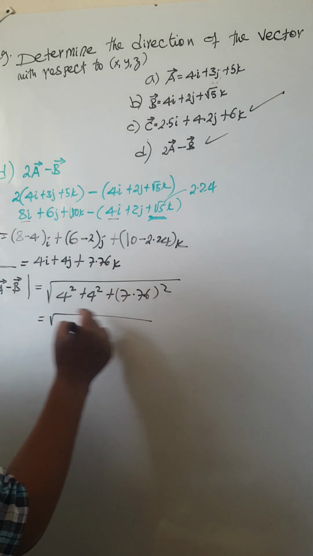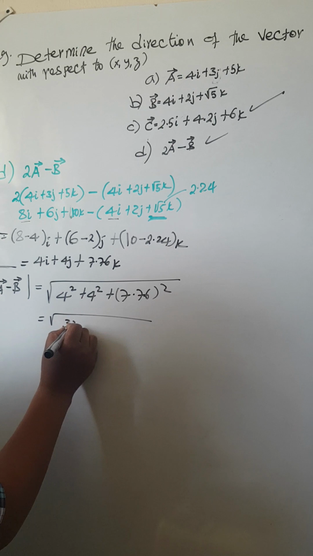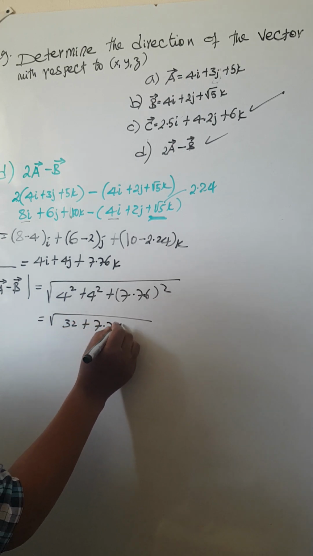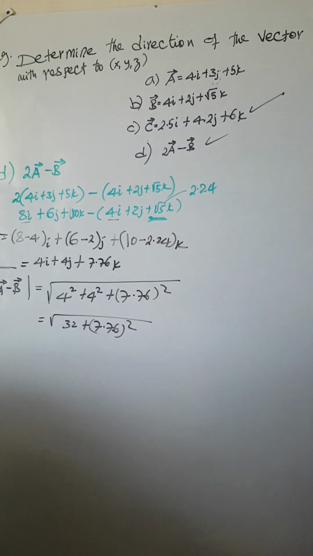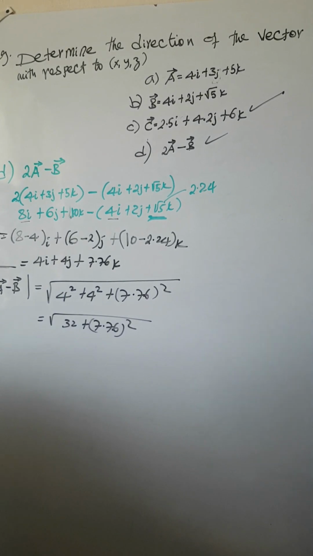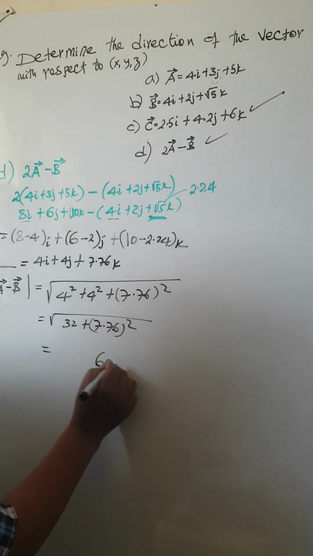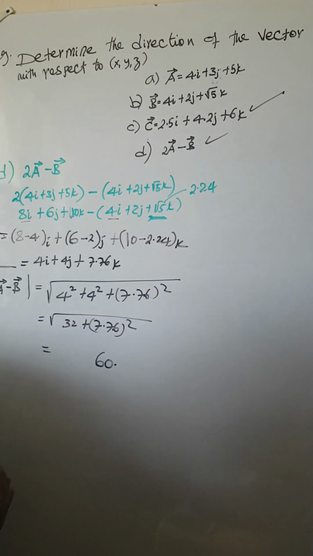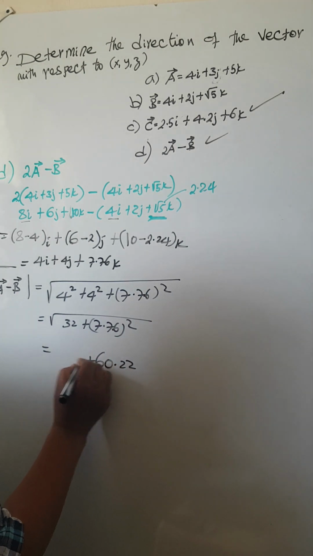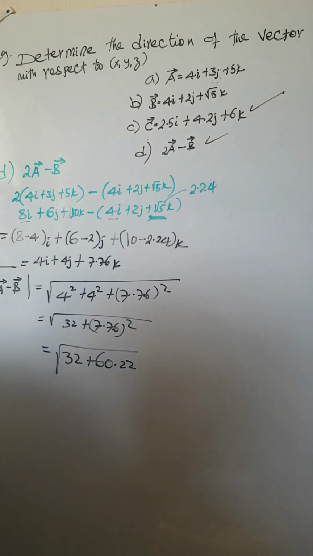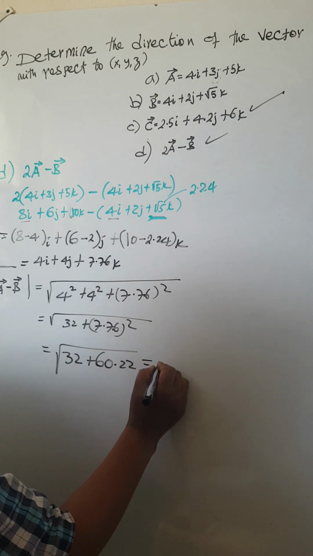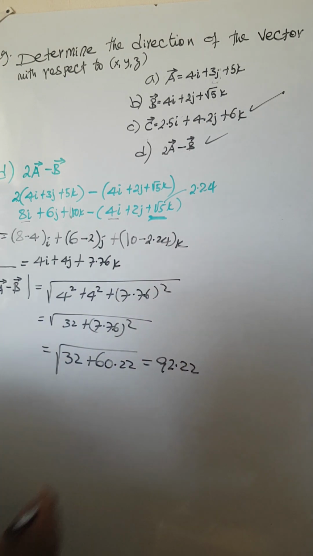This is 16 plus 16 is 32, plus 7.76 squared. 7.76 squared is 60.22, plus 32 under the square root is equal to 92.22.